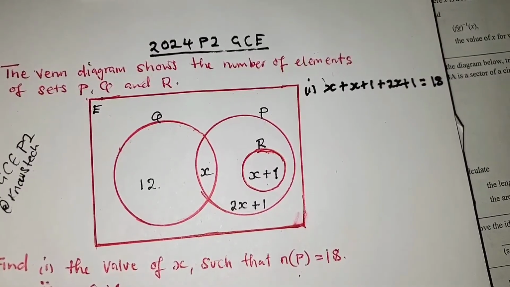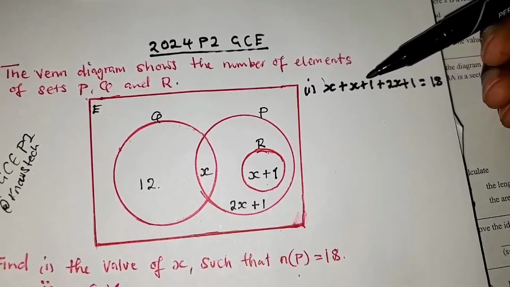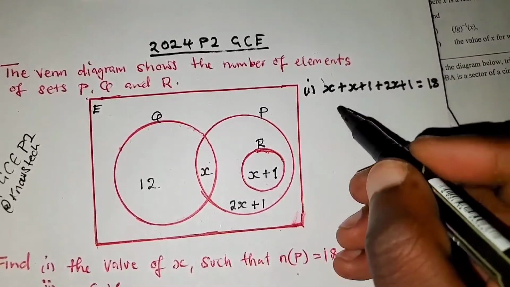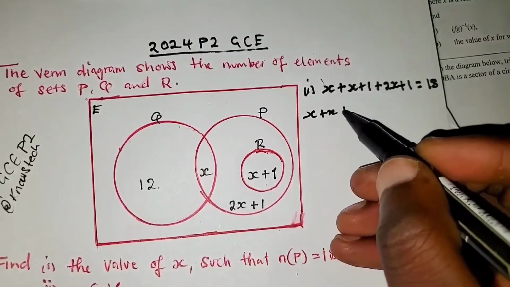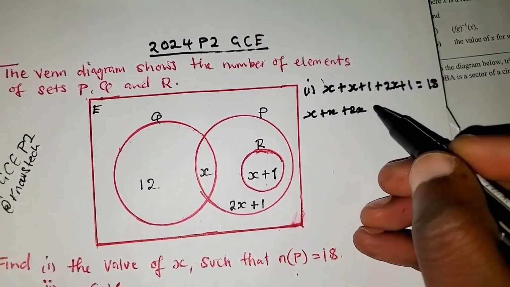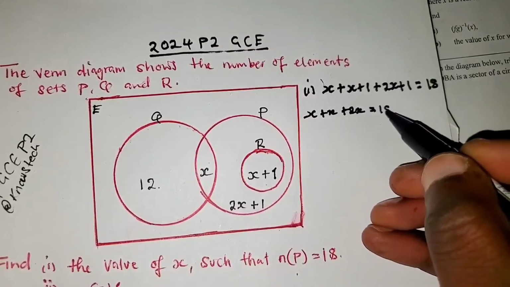Then we can group the like terms. There is x here and there is x even here, so we have x plus 2x.